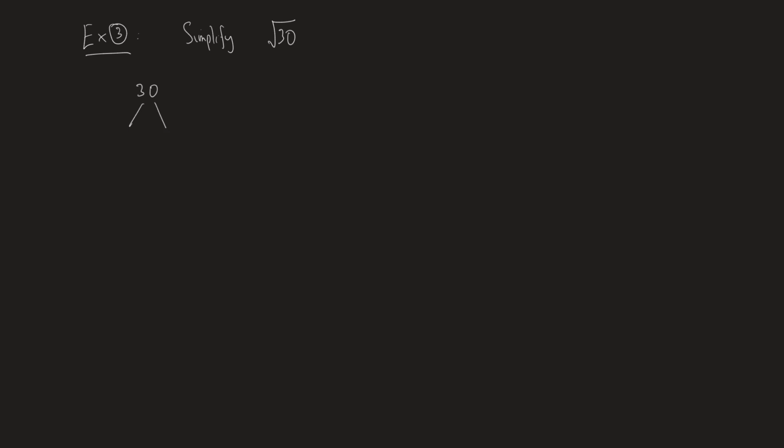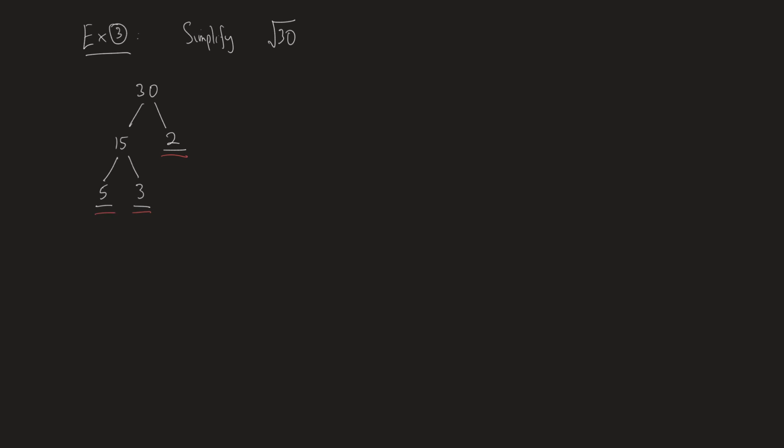Well, 30 is certainly 15 times 2. 2 is a prime, so I'm done there. But 15 factors further as 5 times 3, and 5 and 3 are both prime, so my factor tree is complete. So really what the factor tree is telling me is that 30 equals 2 times 3 times 5.